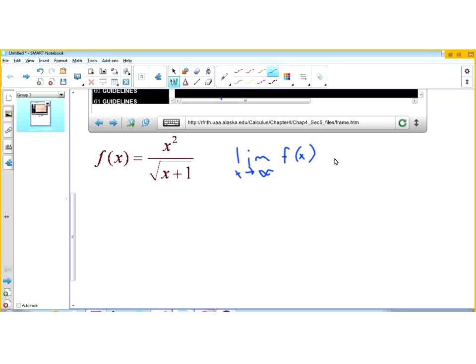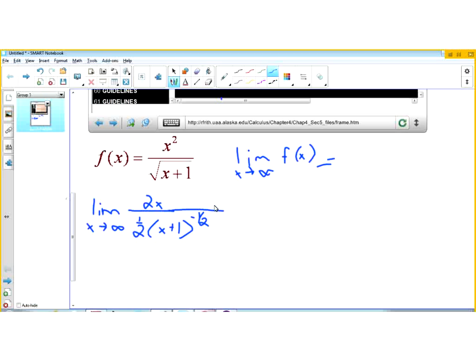Indeterminate. So this would equal the limit as x approaches infinity of 2x over 1/2 times x plus 1 to the minus 1/2.